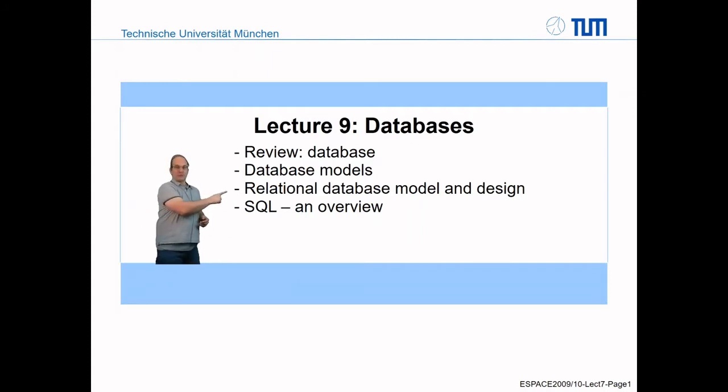Then we'll focus on relational database models and their design, because most databases today are still relational and not so much object-oriented. There's a mixture, about 50-50 or something like that, but the relational model is still a very important model. And then we will have a real practical view into the data access language SQL.